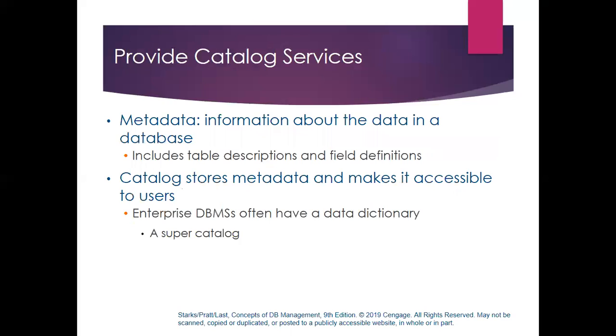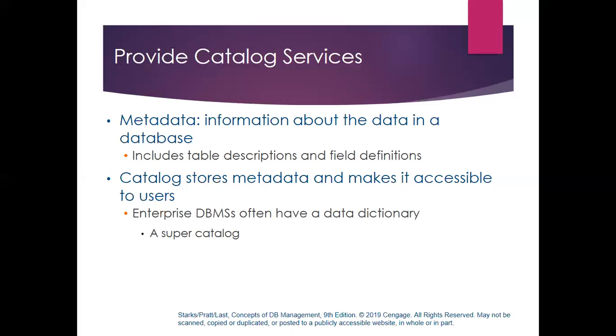Provide catalog services. A database management system must store metadata in a database and make it accessible to users. Metadata is information about the data in a database. Metadata includes table descriptions and field definitions.